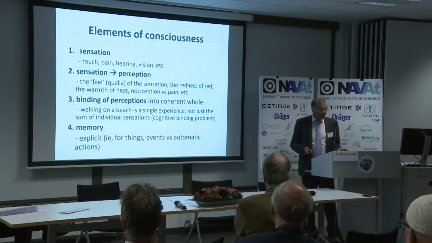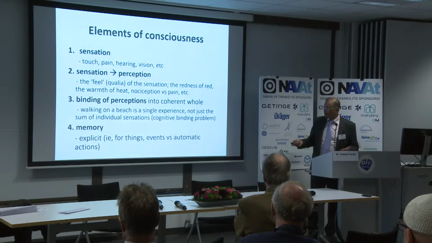And then finally, memory, explicit memory for things or events, rather than automatic things like riding a bicycle. So all of those things are elements of consciousness that can be differentially impaired.